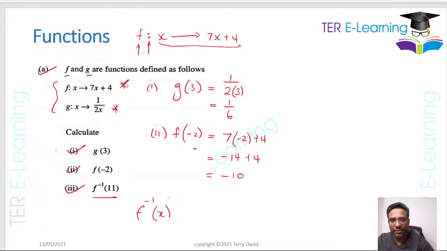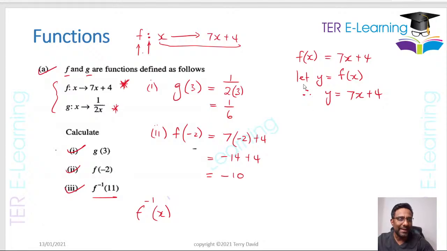The function we are dealing with is f of x, so the first thing I'm going to do is write down what the function is. This is 7x plus 4. My first step is to let y equal f of x, so y is equal to 7x plus 4.